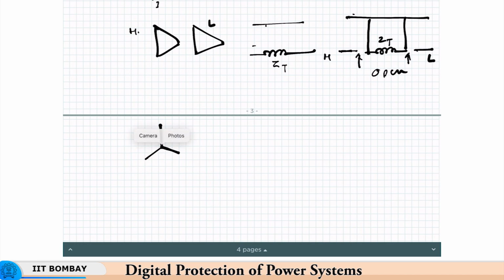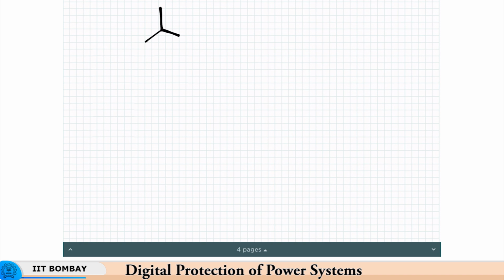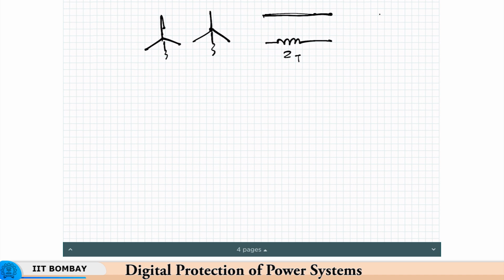If it is a star grounded transformer, the positive and negative sequence will be the same again as we said, and in this case the zero sequence will also look similar to the positive and negative sequence component.